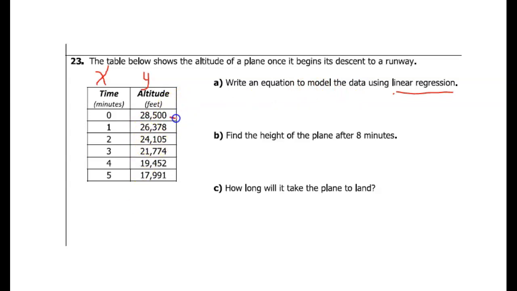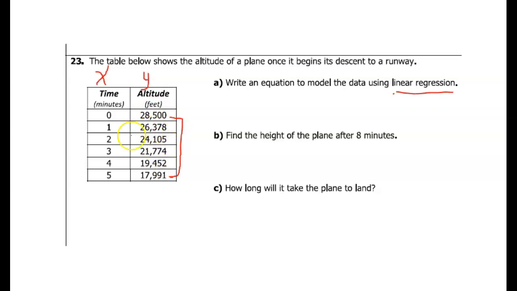So I can include everything, I'm going to start with the descent and do the descent all the way down to the last point. I want to include all my data, just to get a line of best fit.